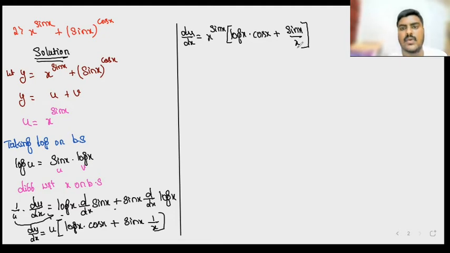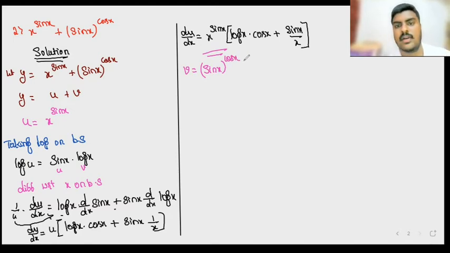Okay, so now we are taking v. We have here sin x whole power cos x. So we are now taking log on both sides.